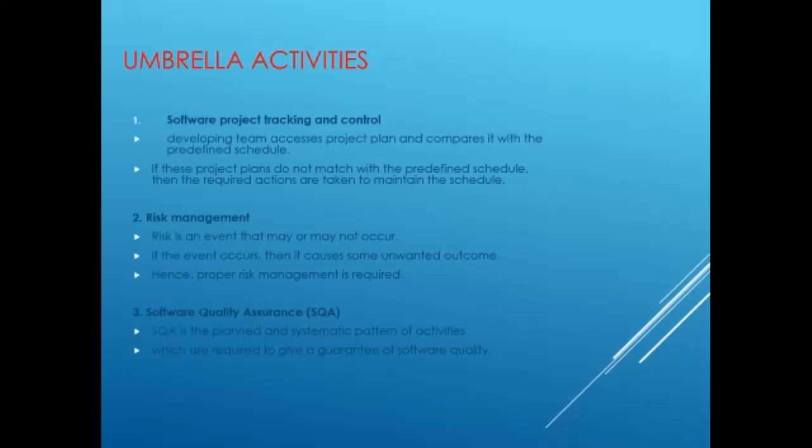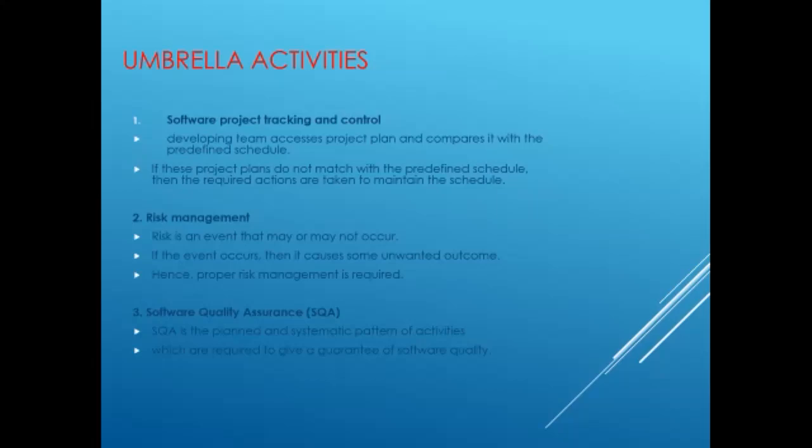First one is software project tracking and control. In that, the development team assesses the project plan and compares it with the predefined schedule. If the project plan does not match the predefined schedule, then the required actions are taken to maintain the schedule.